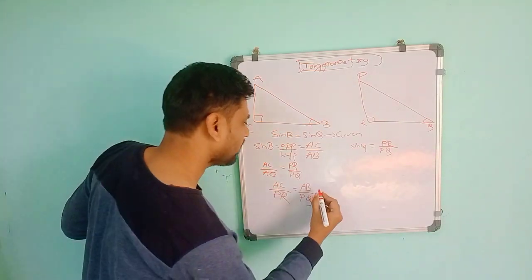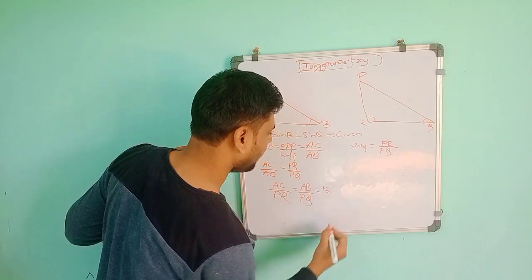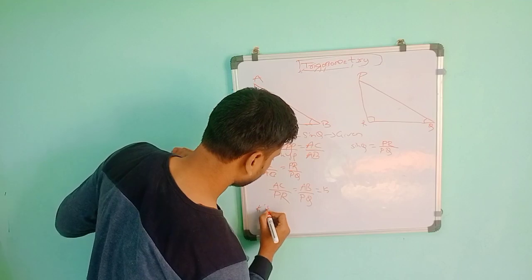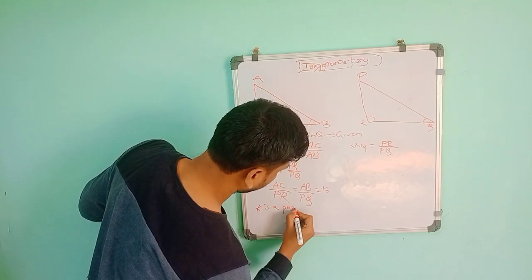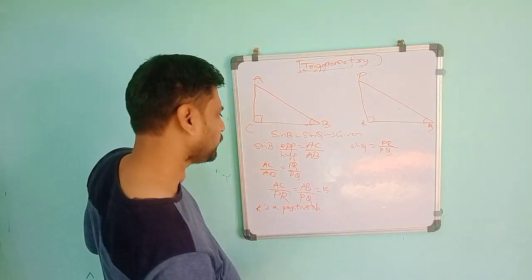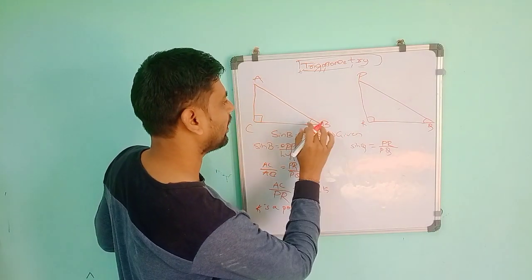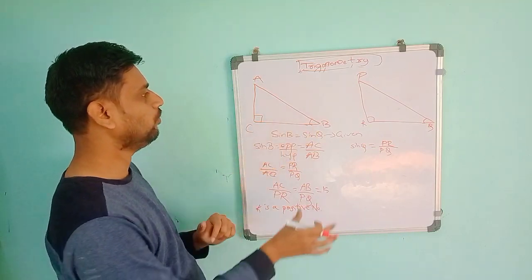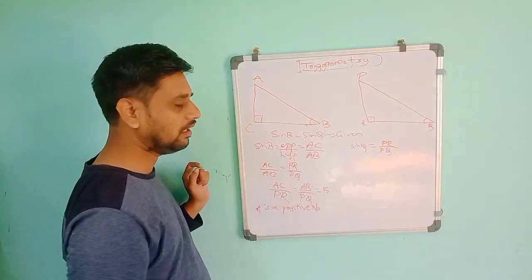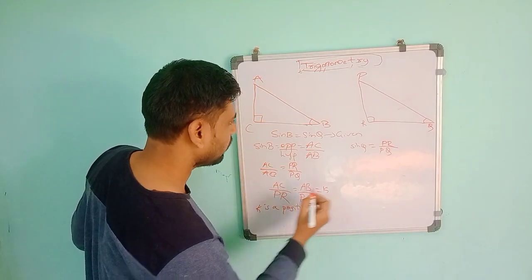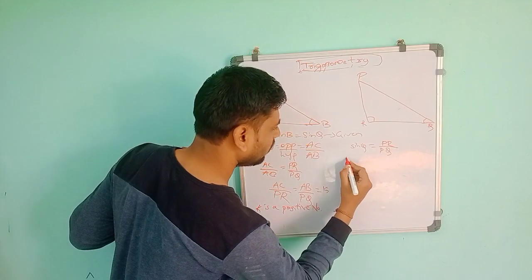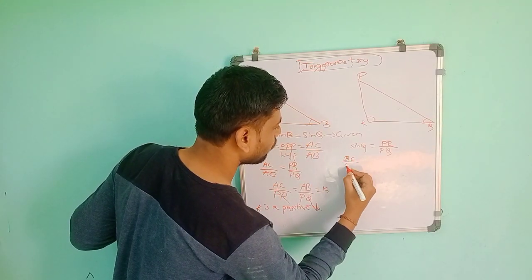So let us take this ratio as K, where K is a positive number. To prove that angle B is equal to angle Q, we have to prove that these two triangles are similar. Then only angle B will equal angle Q. For that, the remaining side is BC, so we need to find BC by QR.